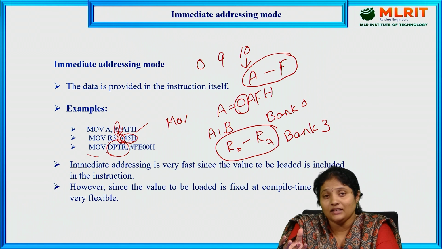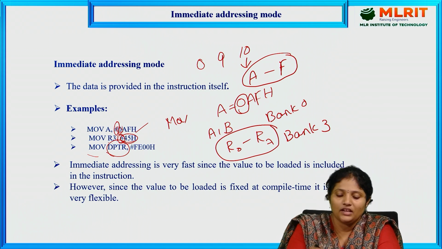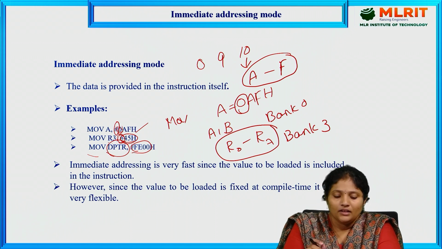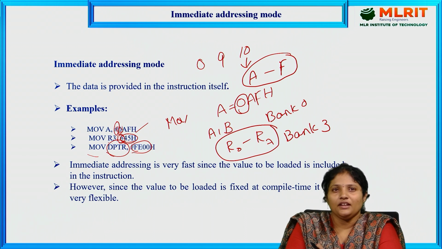To access that external memory, we need 16 address lines or 16-bit data. In that case, we use DPTR to access the external memory. That's why here I am giving 16-bit raw data to be moved to the DPTR. So these are examples of immediate addressing mode.